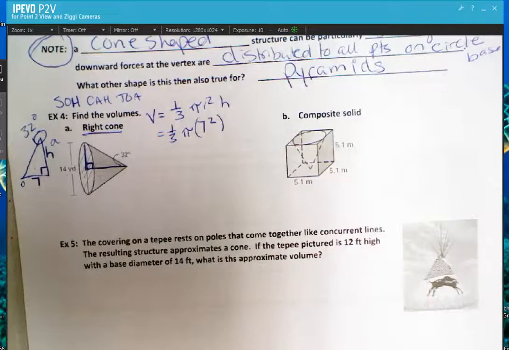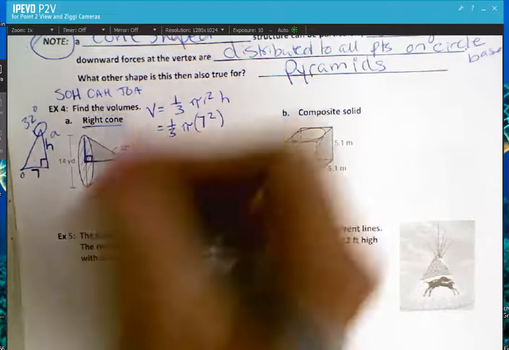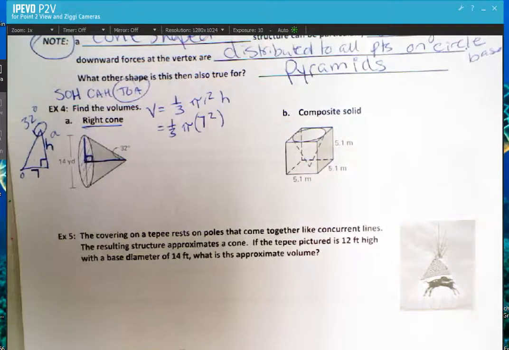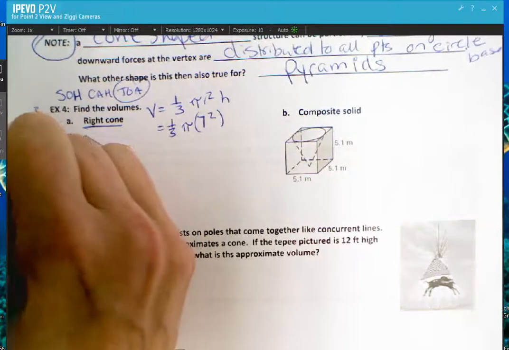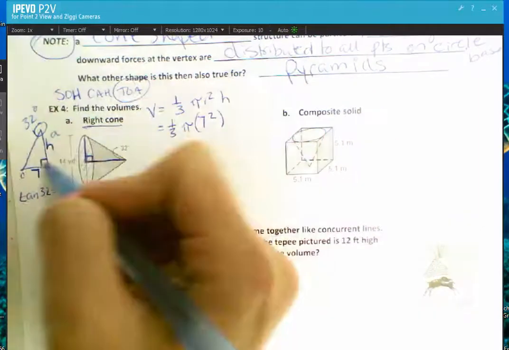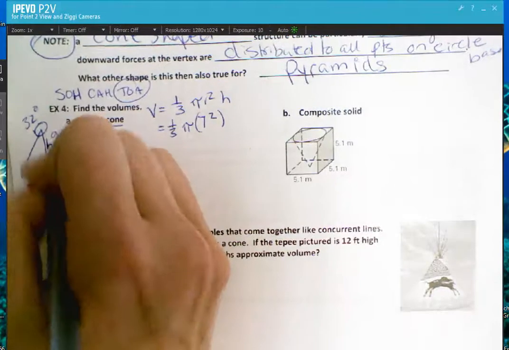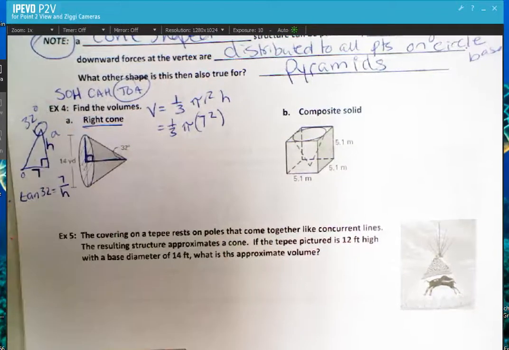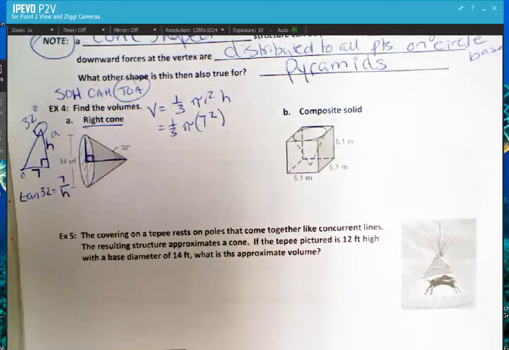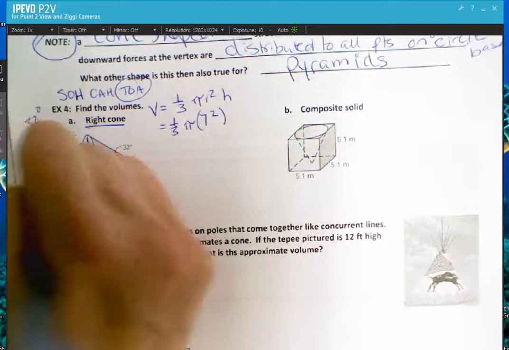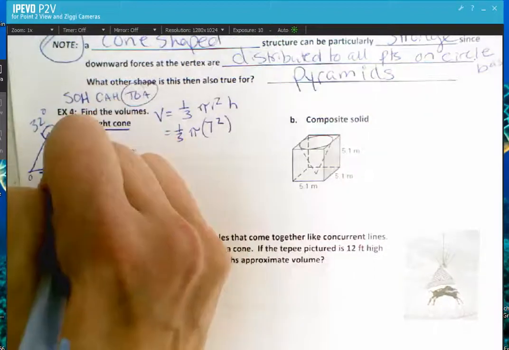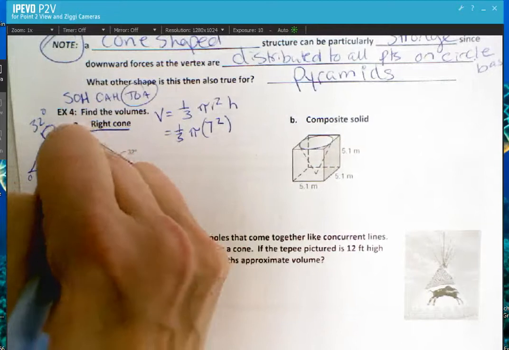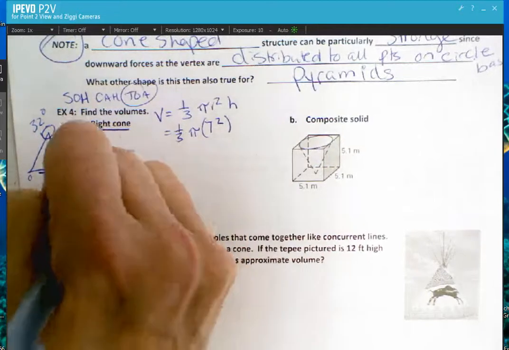I have an O and an A, so I need to use tangent. I know tan of 32 is equal to the opposite, which is 7, over the adjacent, which is h. We need h by itself, so we know that h is equal to 7 over tan 32.